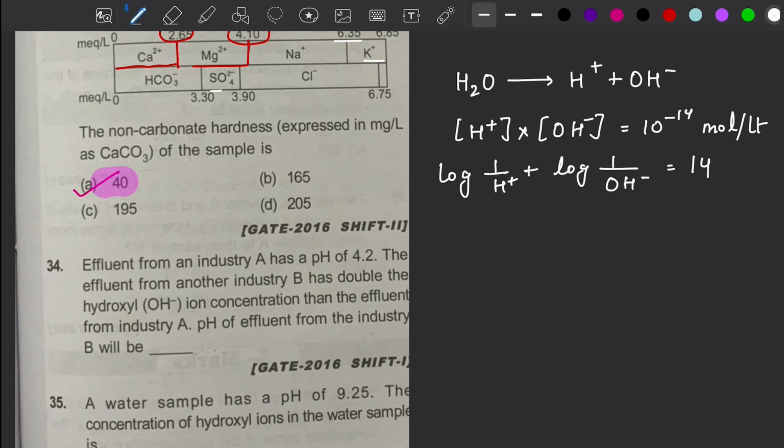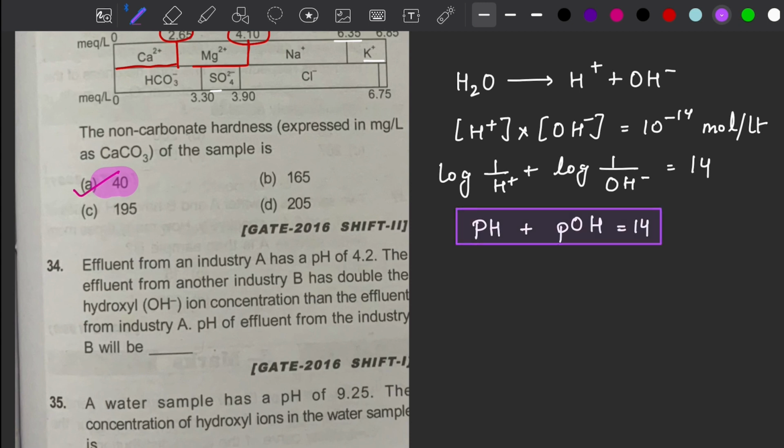And this is nothing but pH, so we get pH plus pOH is equal to 14. This is the main idea behind how pH and pOH come to be 14.